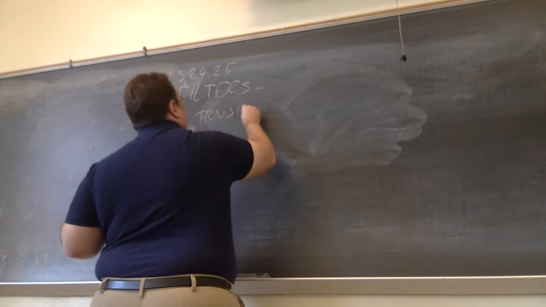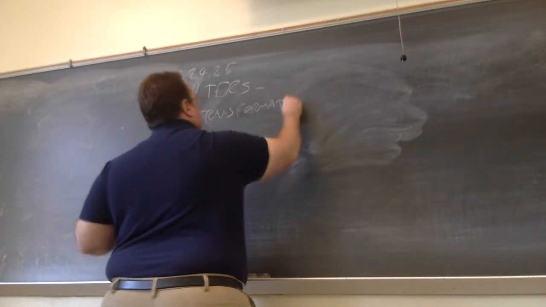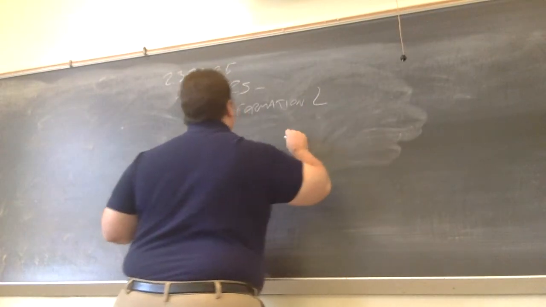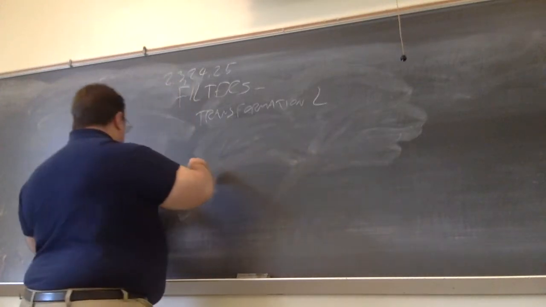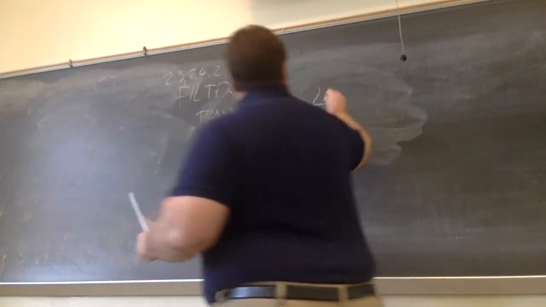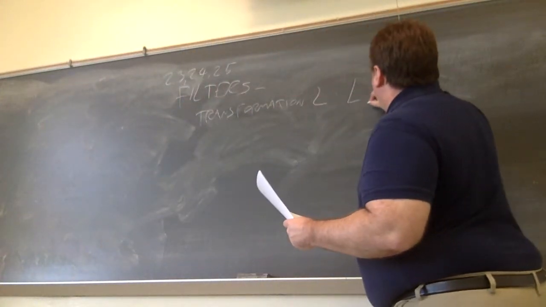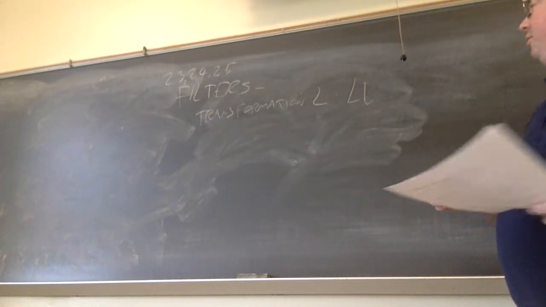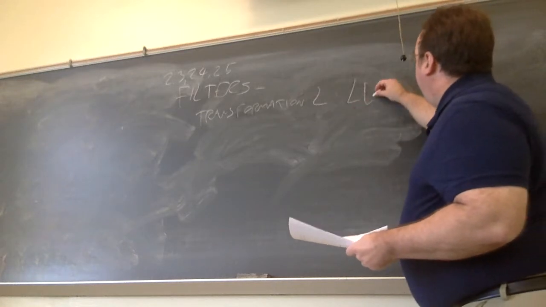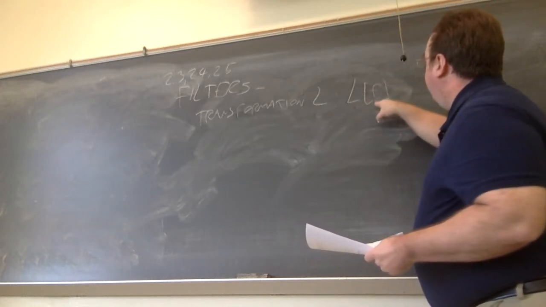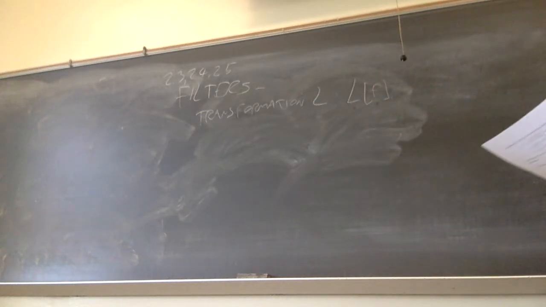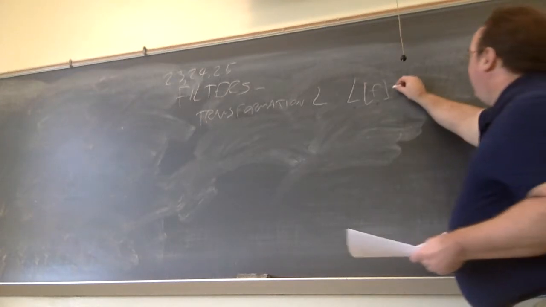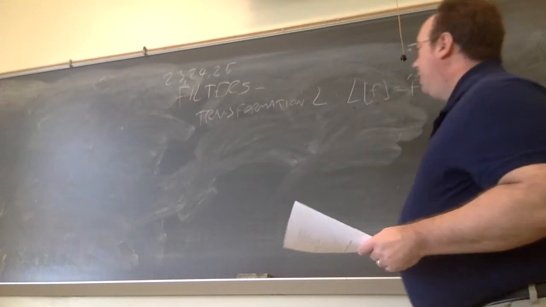So a filter is really nothing more than a transformation L. The notation that I'll use is similar to what we've already seen for a Fourier transform. You have the operation, and whatever you're applying the operation to is in square brackets. So we're applying it to a function or signal f, and the result would be some new signal f tilde.